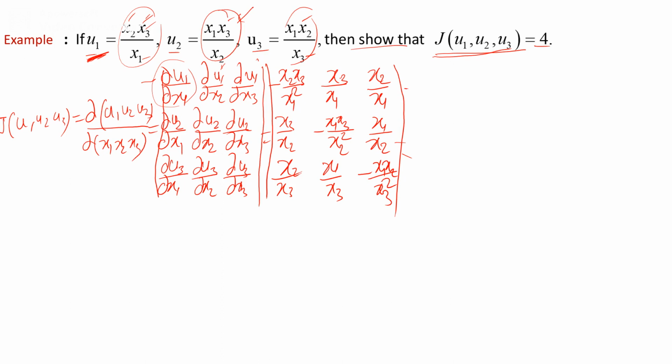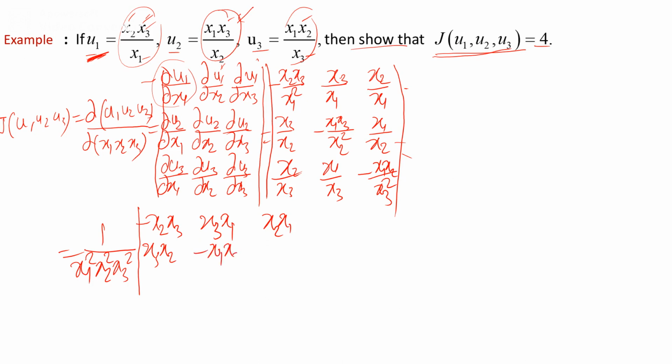So we get 1 upon x1 square, x2 square, x3 square, and we get minus x2 x3, x3 x1, x2 x1, and similarly x3 x2, minus x1 x3, x1 x2, and x2 x3, x3 x1, and minus x1 x2.